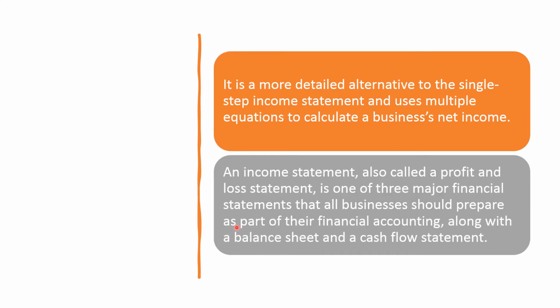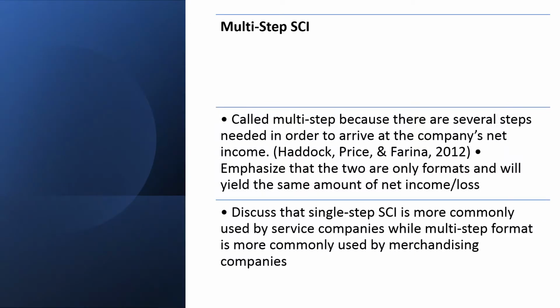That is why an income statement is also the same as a profit and loss statement. So it's the same thing. You can call it an income statement or a profit and loss statement.